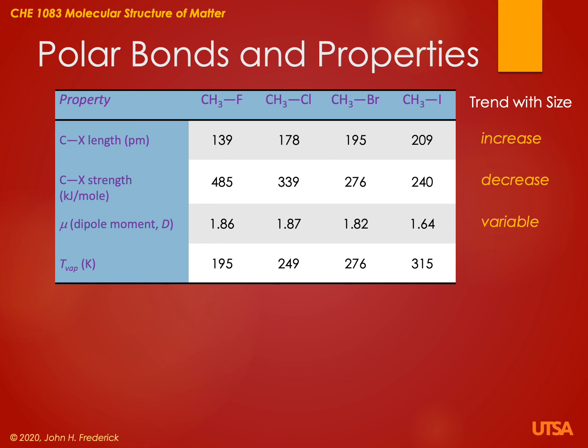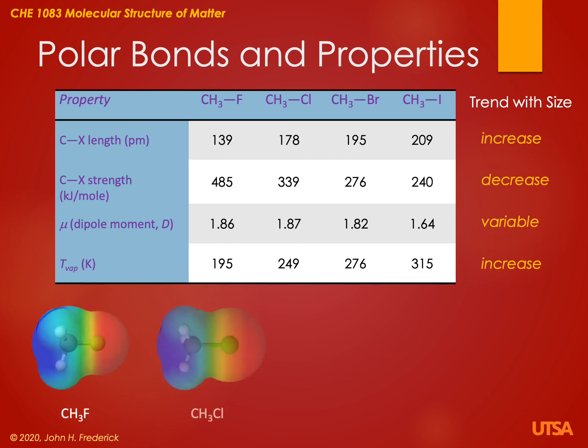They're compensating by having longer bond length, and that's what keeps the first three relatively constant. By the time we get to iodine, it really is not as electronegative, so it doesn't separate charge so much. So a lot of the contribution for its dipole moment is coming from the fact that it has a long bond. The vaporization temperature, however, is increasing in all of these, so that's telling us that the intermolecular forces are getting stronger as we move from methyl fluoride to methyl iodide.